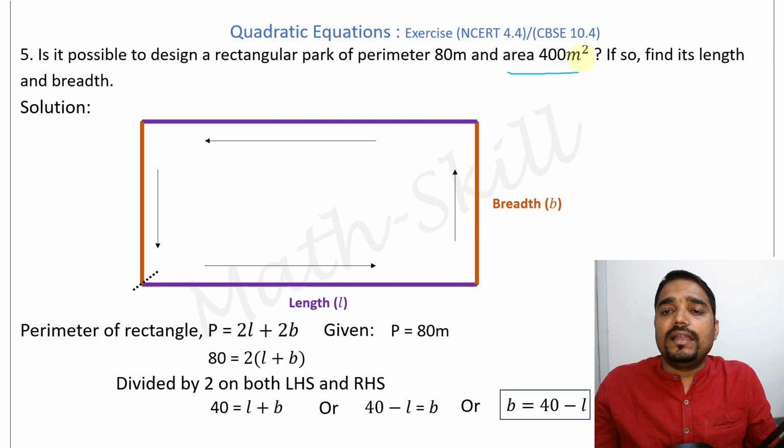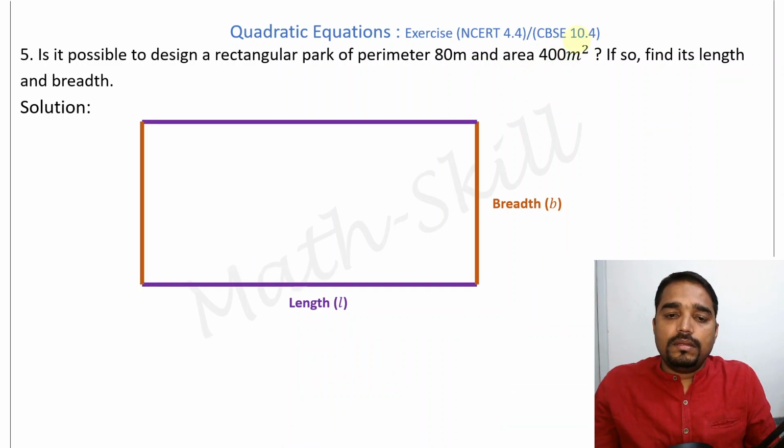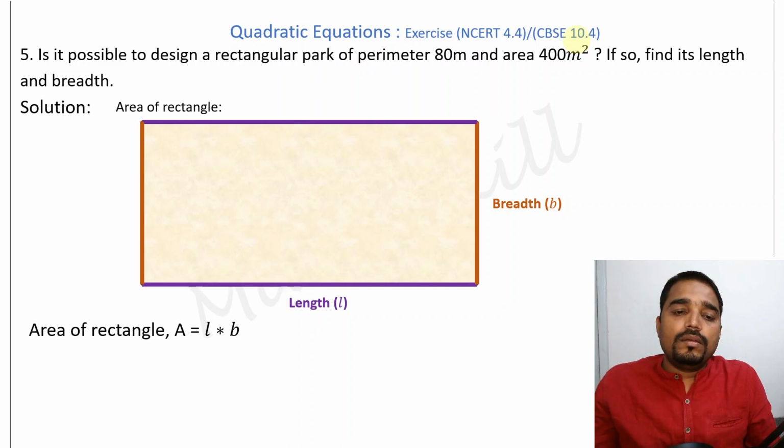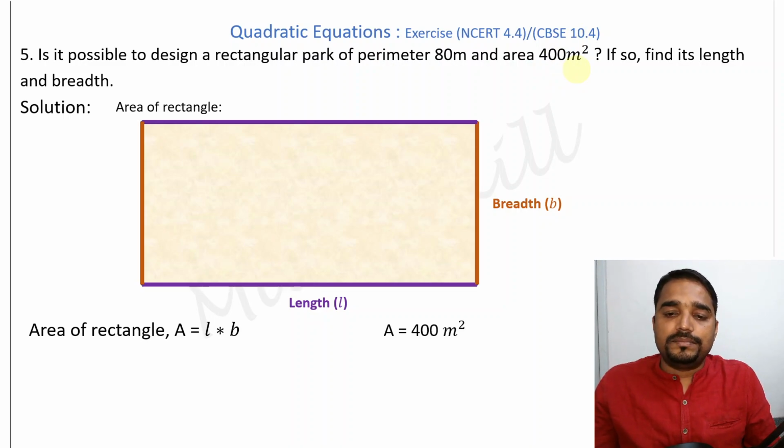The area of the rectangle is 400 meter square. For a particular rectangle, area is the total colored region like this, wherein the area of a rectangle is length into breadth. We know that area has been given as 400 meter square, that is A is equal to 400 meter square.